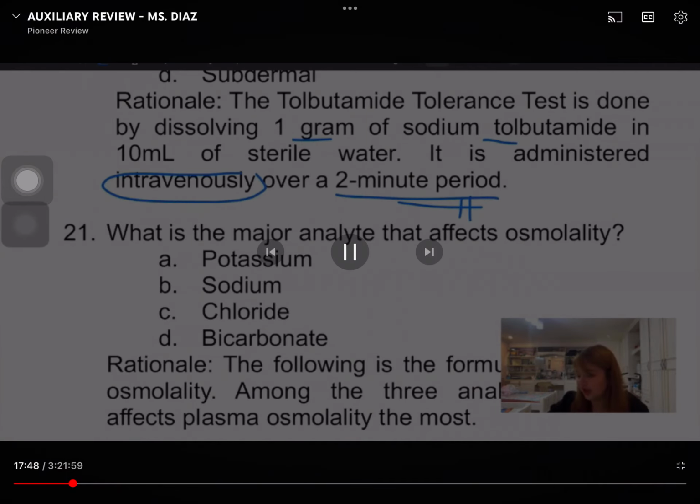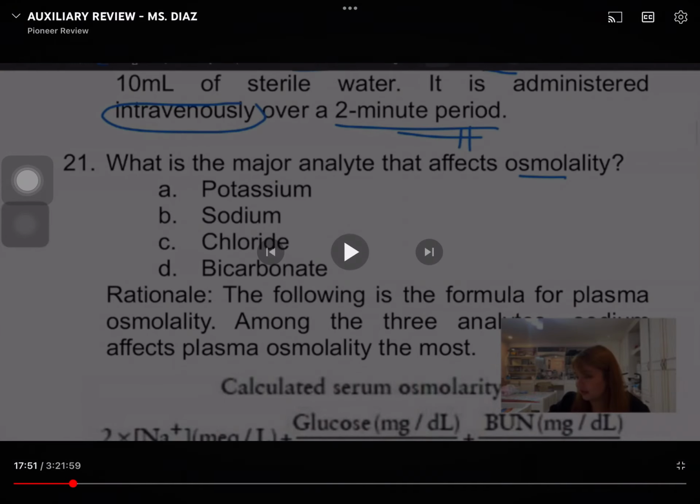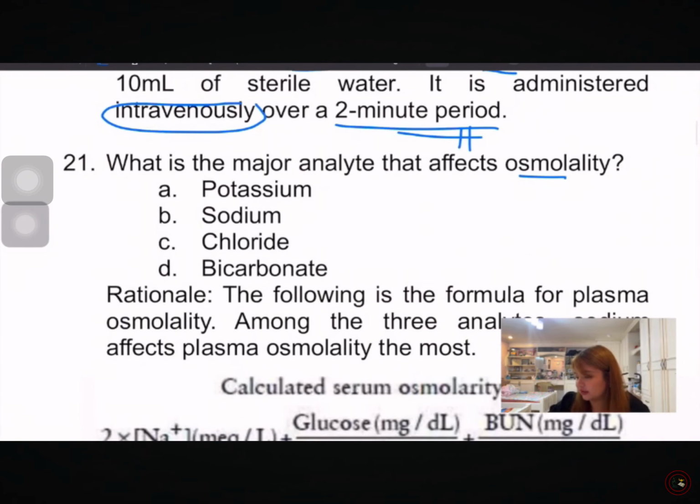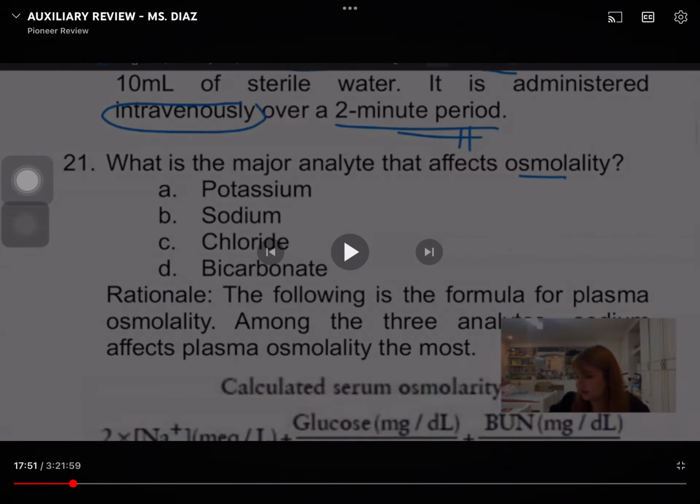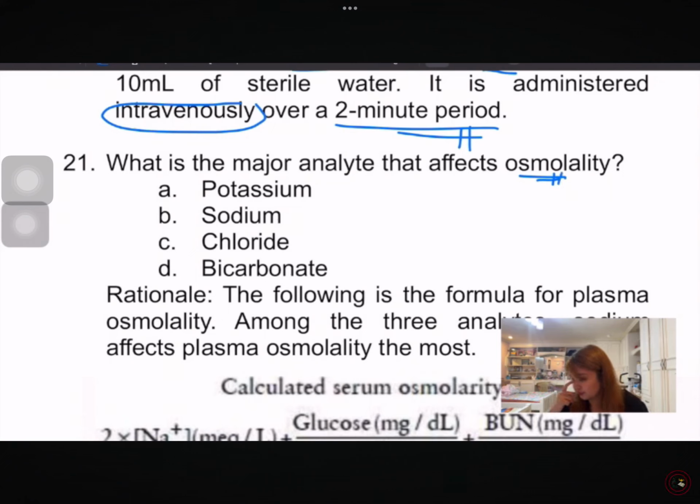What is the major analyte that affects osmolality?